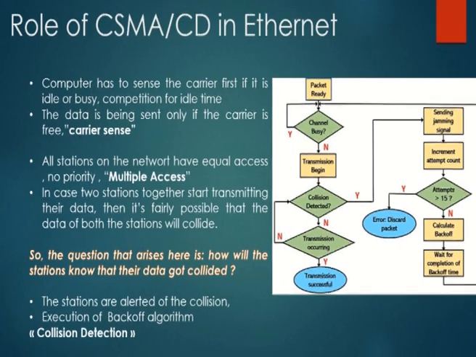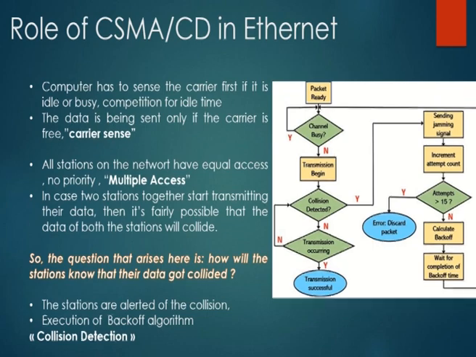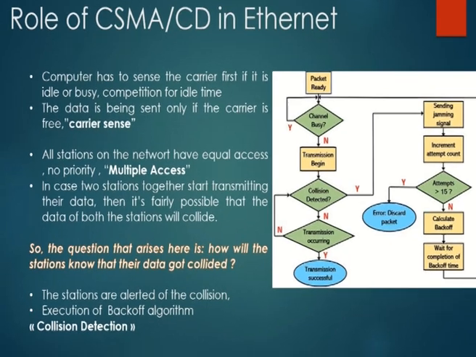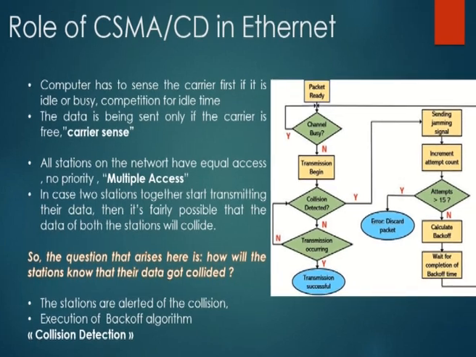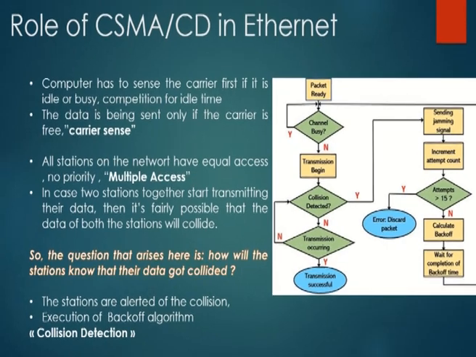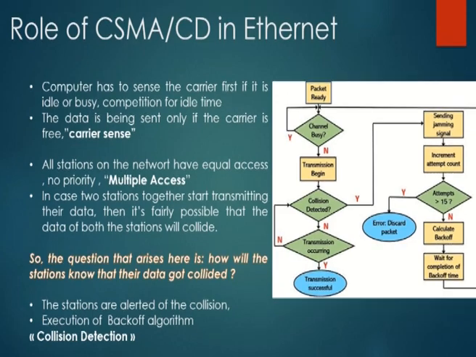In the CSMA/CD process, priorities are not assigned to particular stations, so all stations on the network have equal access. This functionality is the multiple access part of the protocol. If two or more stations attempt a transmission simultaneously, a collision occurs.